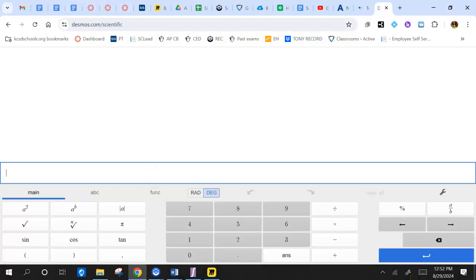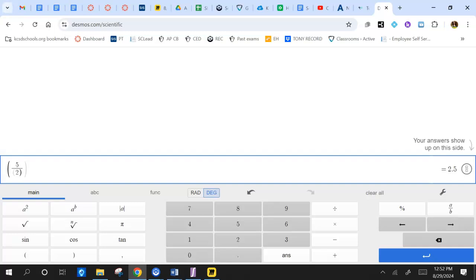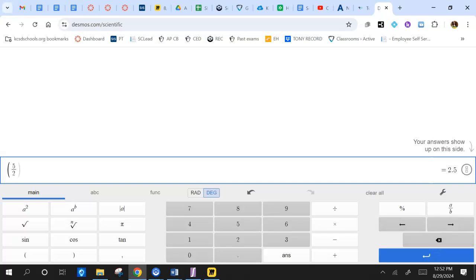Okay. All right, 5/2. Look, I got to do my fractions in parentheses. So I'm going to do parentheses 5 divided by 2. There we go. But it's negative, isn't it?